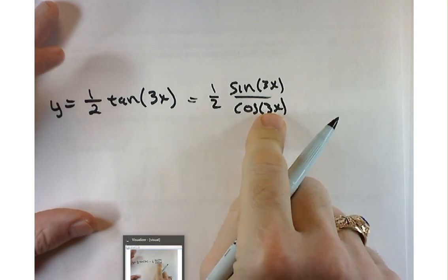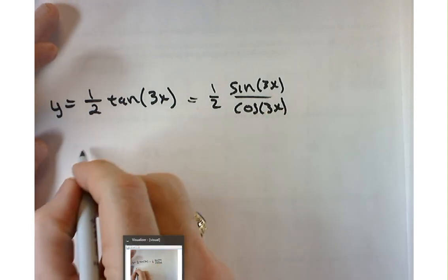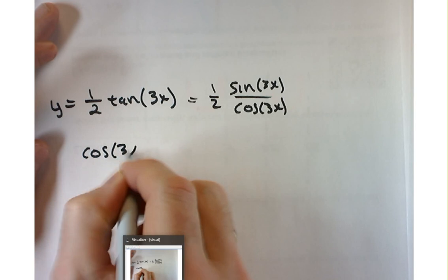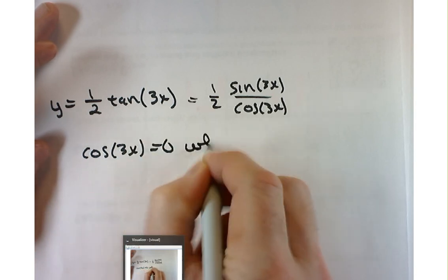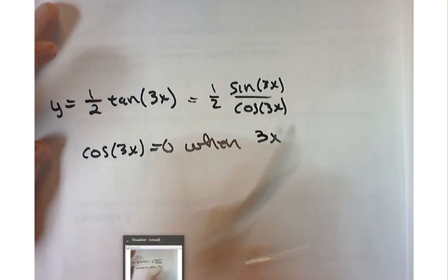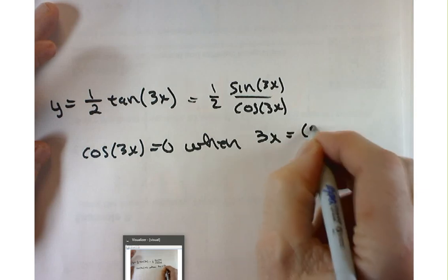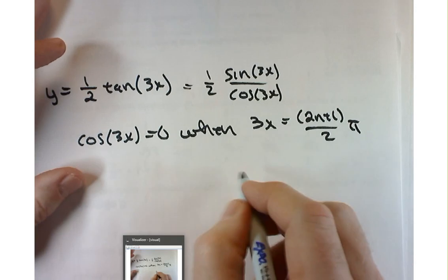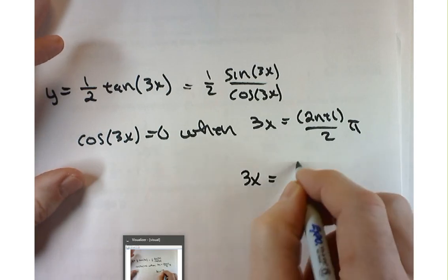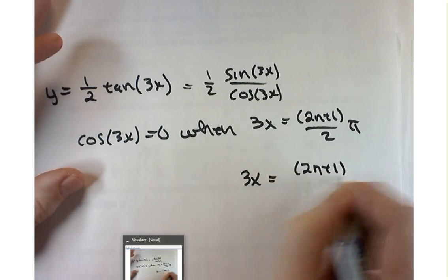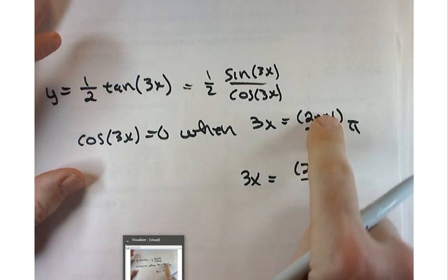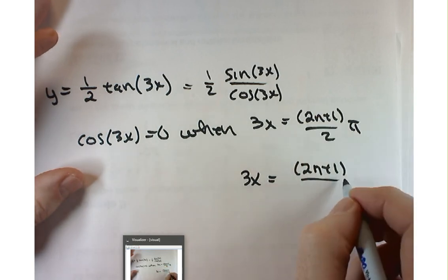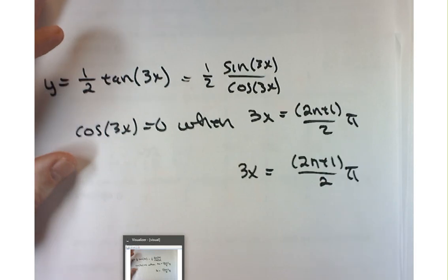Again, you're going to look for where the vertical asymptotes are by finding where cosine of 3x equals 0, when 3x equals (2n plus 1) over 2 times pi. Now solving this for some of you might be a little bit of a pain because you've got to divide by 3 and then you've got a fraction divided by 3. A lot of you might not be in your comfort zone there.